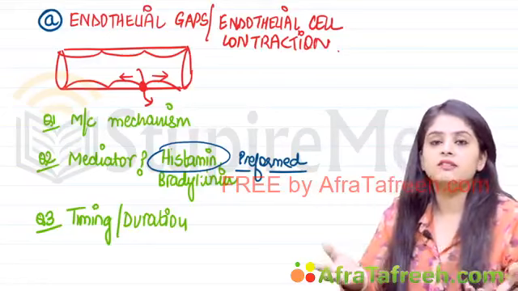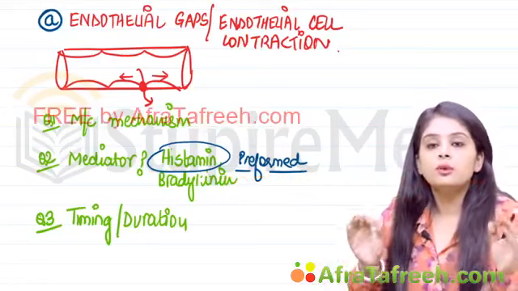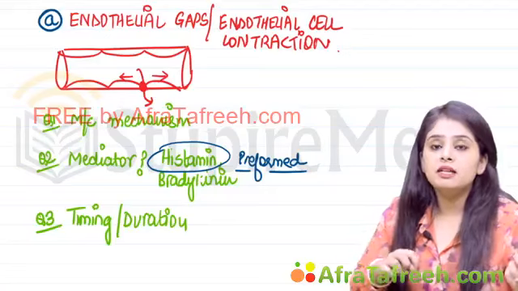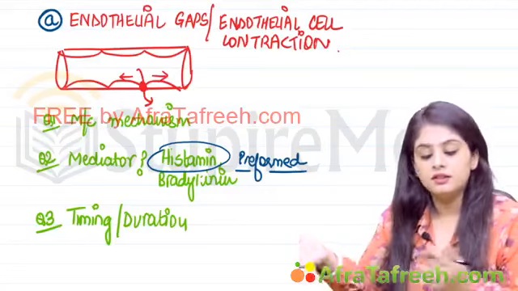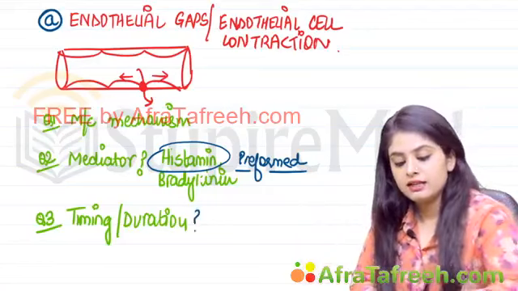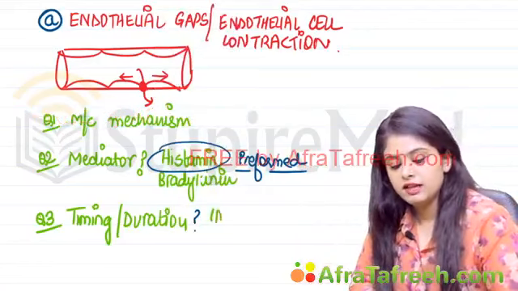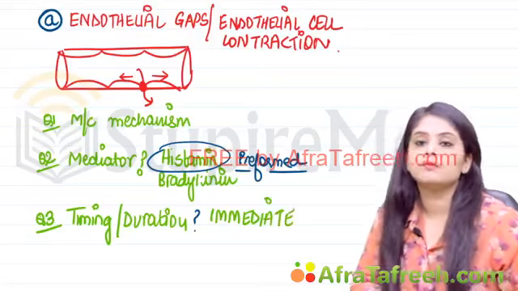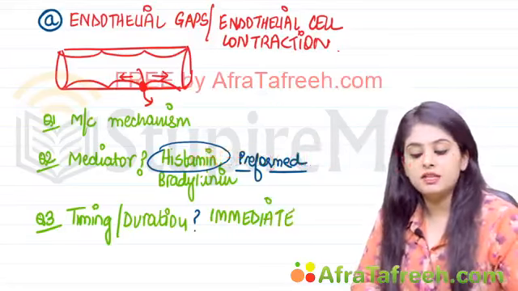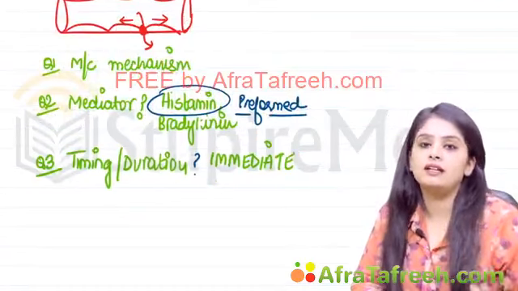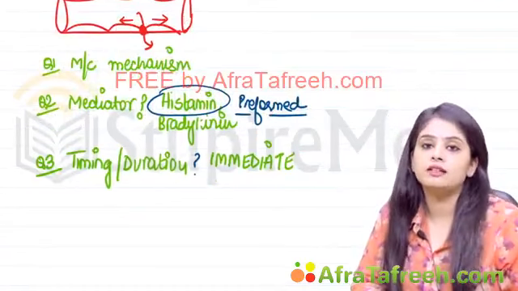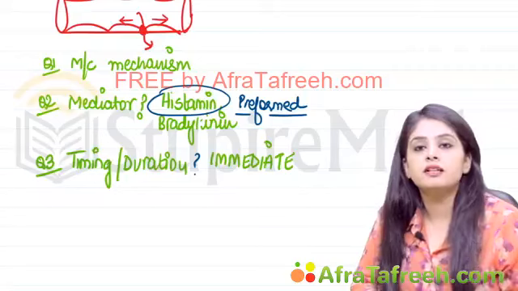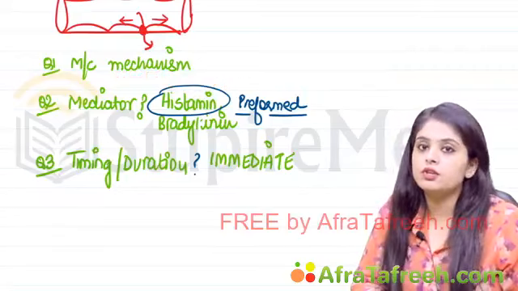Inflammation starts, within seconds it is released. So will this response be immediate or is it going to be delayed? Now you can clearly understand that this particular response is an immediate response. Again, remember histamine is not something that is very long acting. Histamine is short acting. So for how long will this mechanism occur? Again, for a shorter duration.